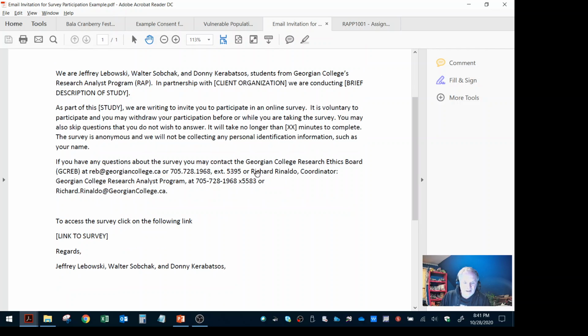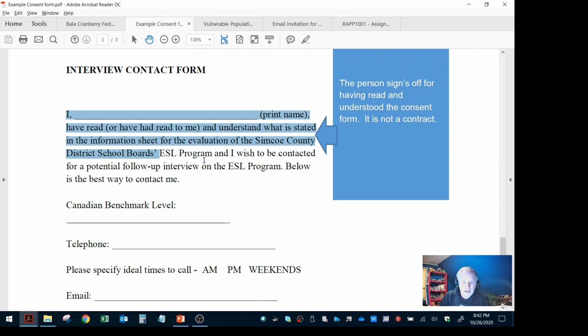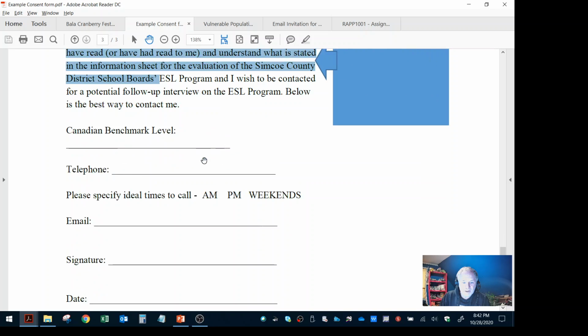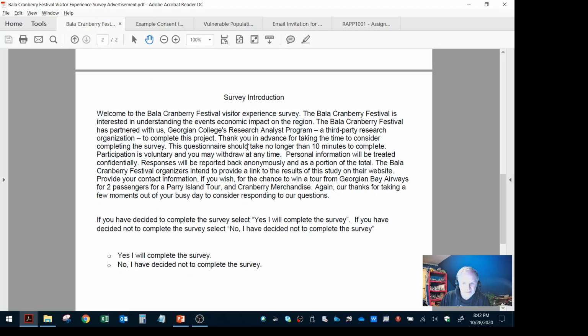For the email, you can fully cover the elements of consent here, but what you need to do is ensure that you cover, again, the elements of consent in the actual survey itself at the start.